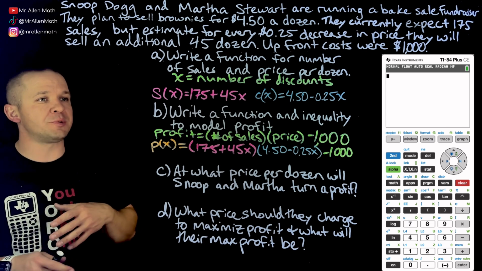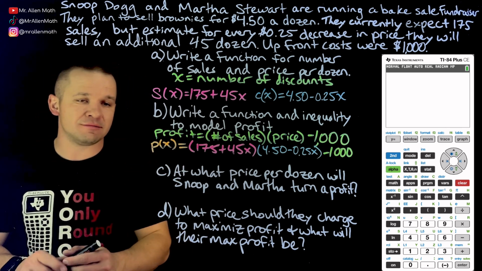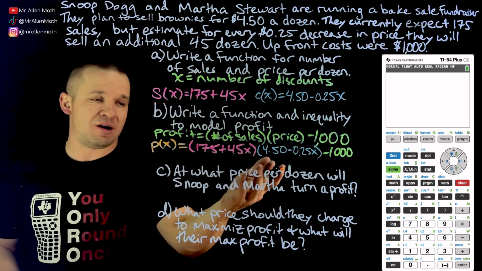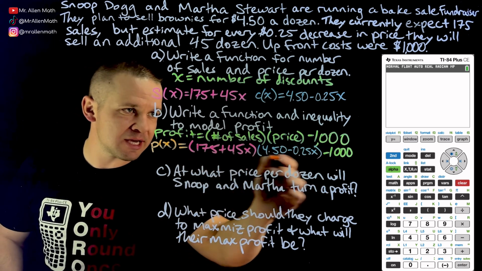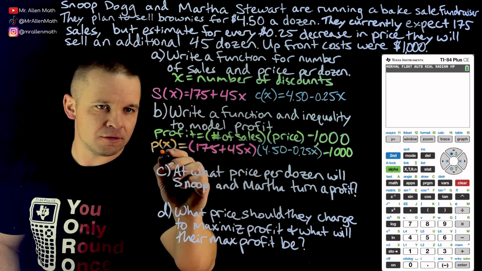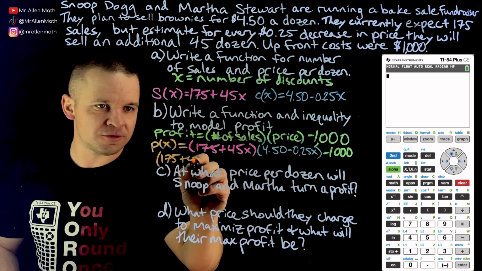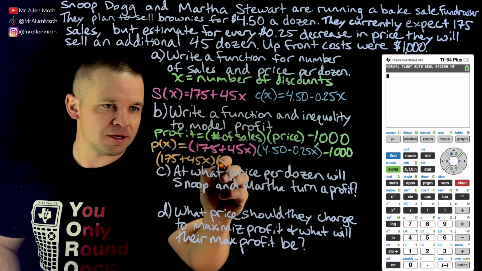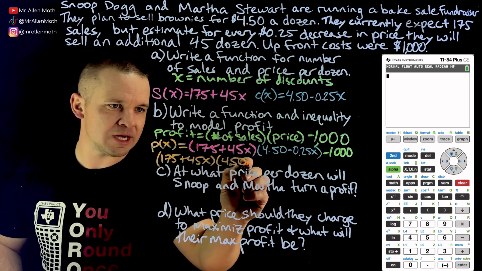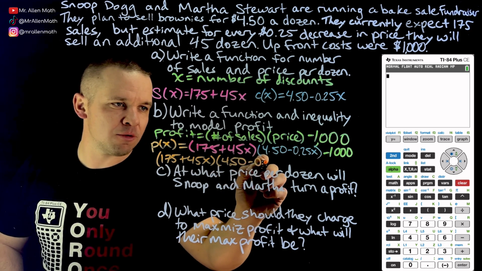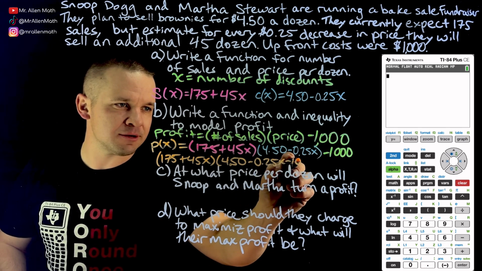Now, there's a couple ways we could write the inequality portion. I find the easiest thing to do here is I want my profits to be greater than 0, right? So I'm going to write this in orange: 175 plus 45x times 450 minus 0.25x, minus 1,000.